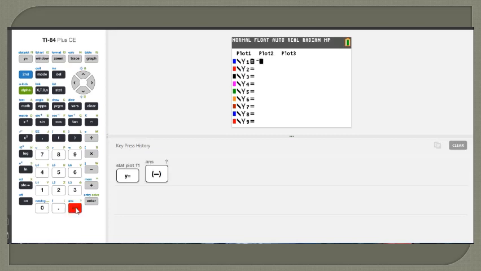And so I've got minus 2. And I go up here to this key right beside this alpha key, and you can see it says X, T, theta, n. I'm going to hit this, and it's going to give me x. We can see the minus 2x here. And then I hit the plus button, and 6. Okay, so I have entered this linear equation.